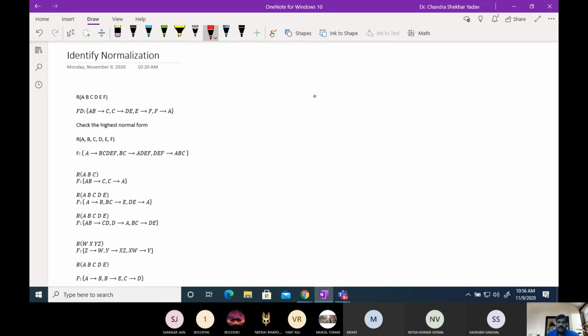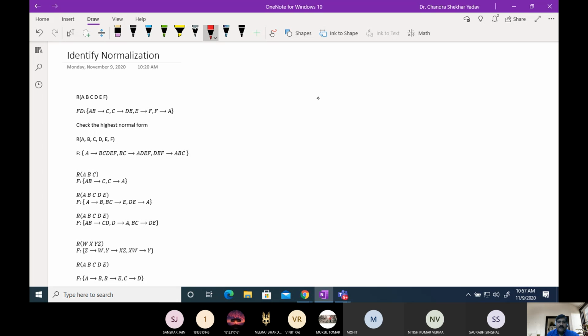Then the more restrictive form is BCNF. A relation or table is in BCNF if and only if every determinant is a candidate key, and a determinant is the left side of a functional dependency. In fourth normal form, a relation is said to be in fourth normal form if and only if it is in BCNF and there should not be any multi-valued dependency.